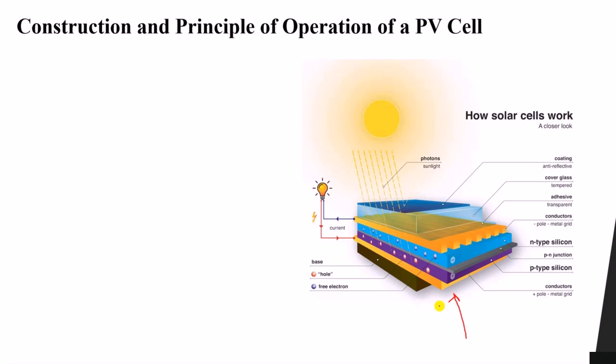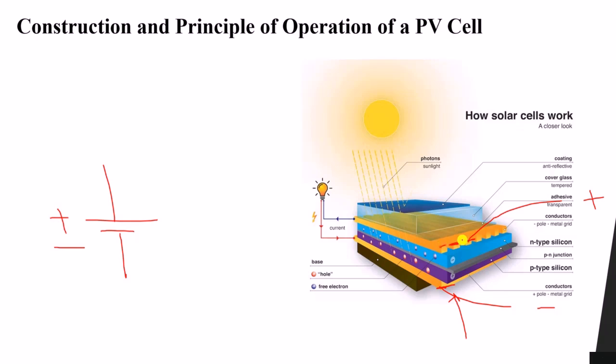Now you will find that we have conductors. The conductors here, this conductor and this conductor, are used to give us the two terminals of a cell, positive and negative. You know that any battery, for example, has a positive and a negative terminal.